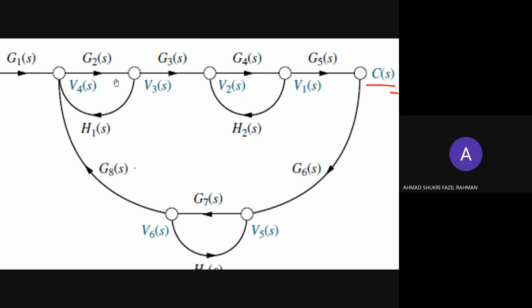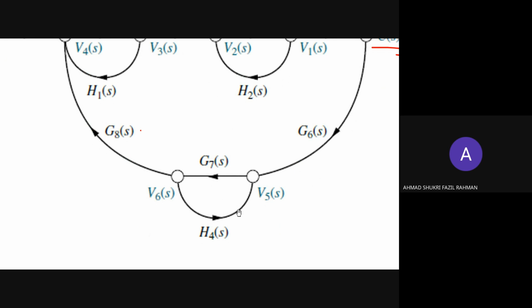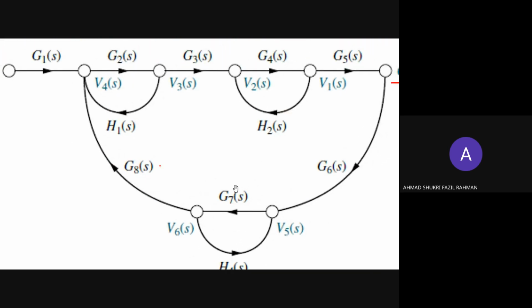The solution here requires very concentrated observation. You need to properly observe so that you can identify the correct number of loops. So we have 1, 2, 3, and then the final one. You can see starting from here, moving through G7 and then going back. But not here, because the direction is opposite. So in the end, we have up to 4 loops.